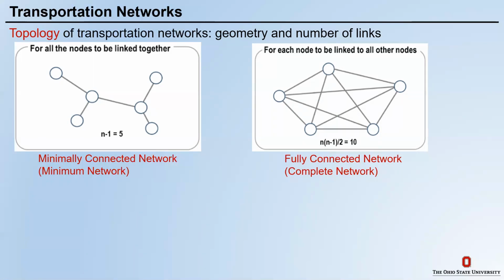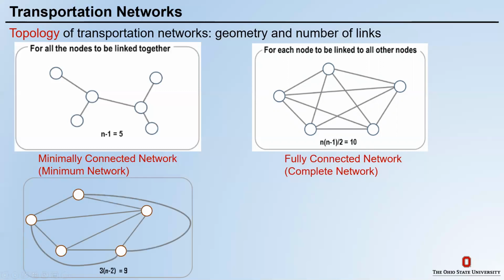So each node needs to be connected to all rest nodes. And the formula here for the number of links is still very straightforward. n multiply n minus 1, then divide that value by 2. So here we have 1, 2, 3, 4, 5 nodes, n equals 5. So 5 multiply 4, which is n minus 1, equals 20. 20 divided by 2 is 10.